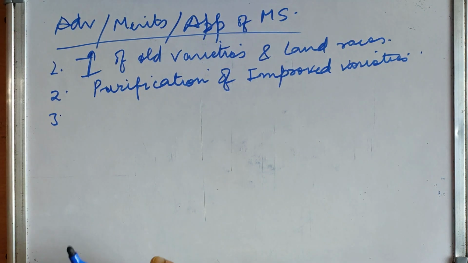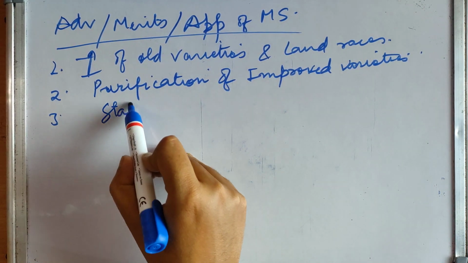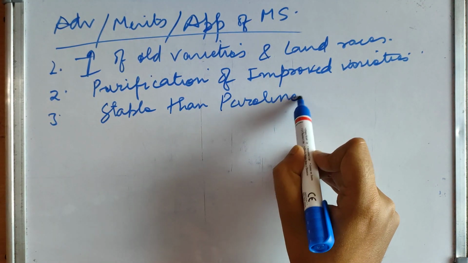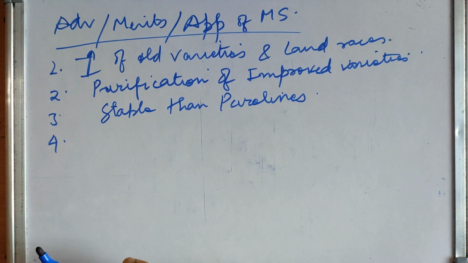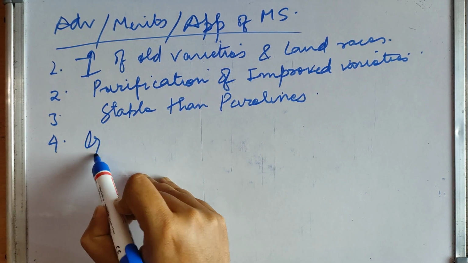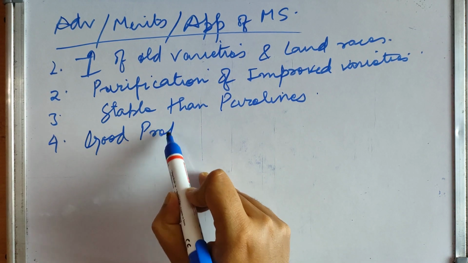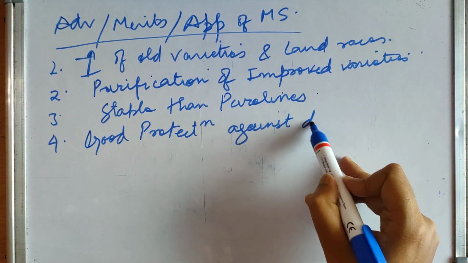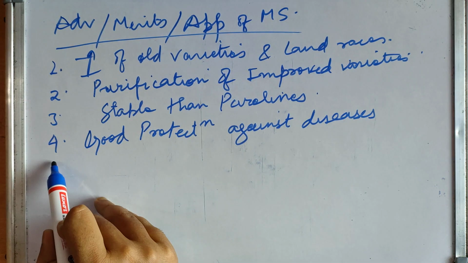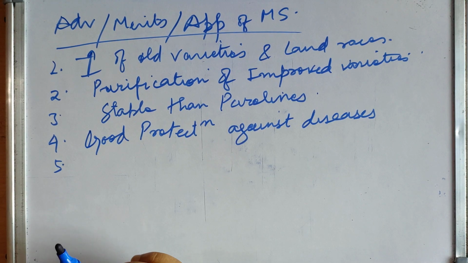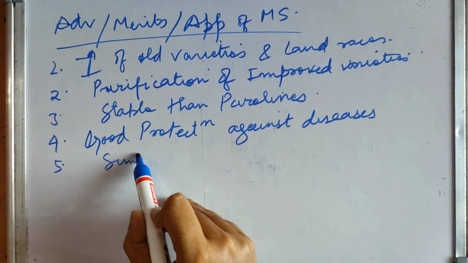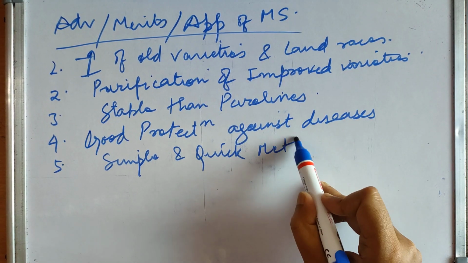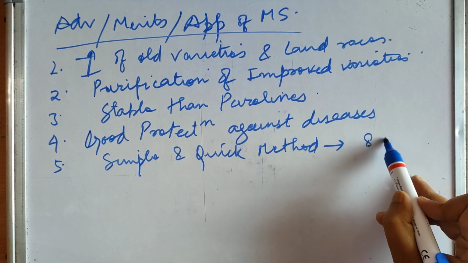It is more stable in performance than pure lines. It provides good protection against diseases. It is a simple and quick method of crop improvement, taking only around 8 years.